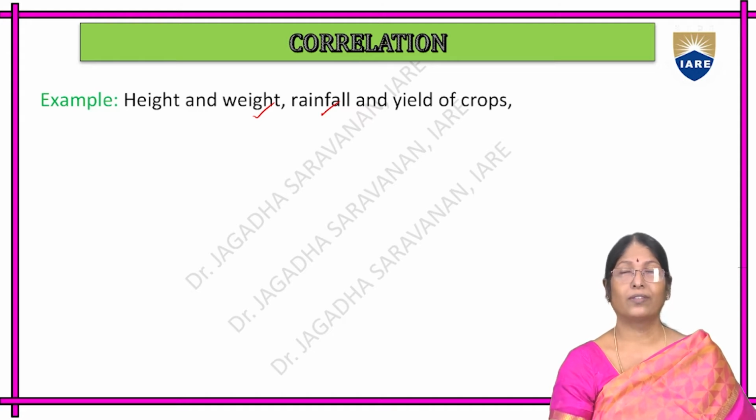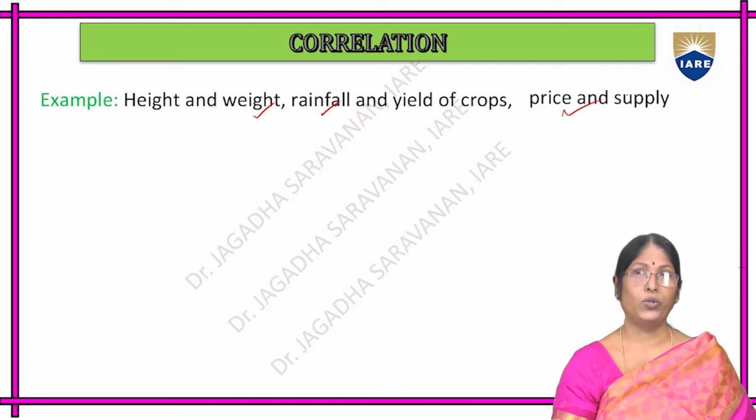Rainfall is less, crops are also less. So our variables fluctuate in the same direction. That is positive correlation.